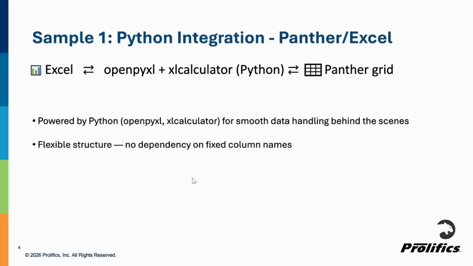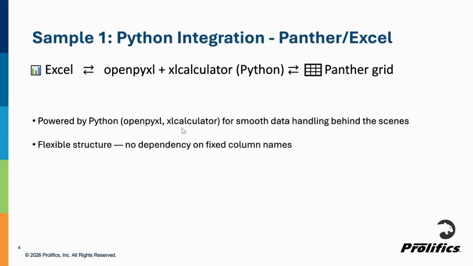So for this, I've used Python, which, as we know, provides many libraries. Among them are these two libraries that I've used, OpenPyXL and Excel Calculator. So with the help of these two libraries, I've been able to replicate what we do with Excel.